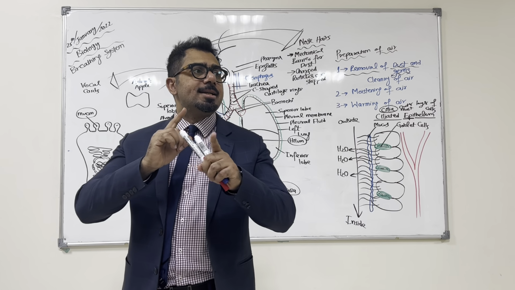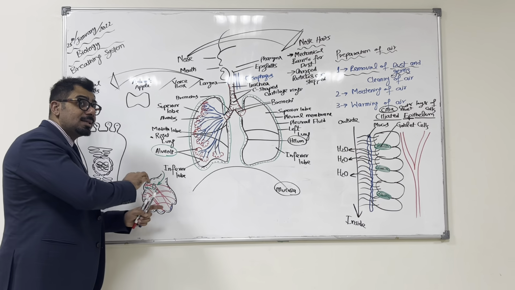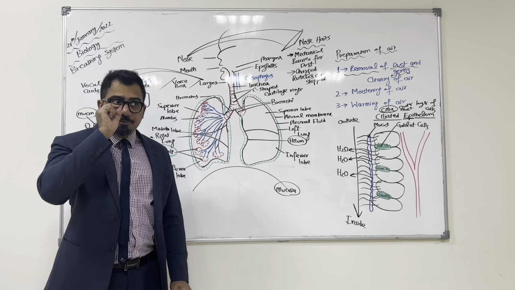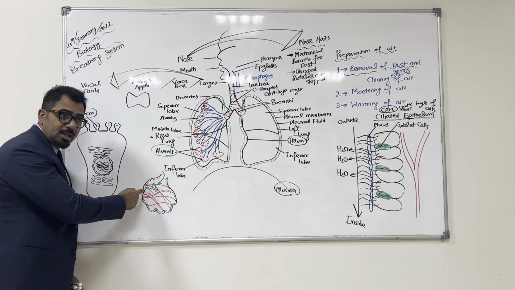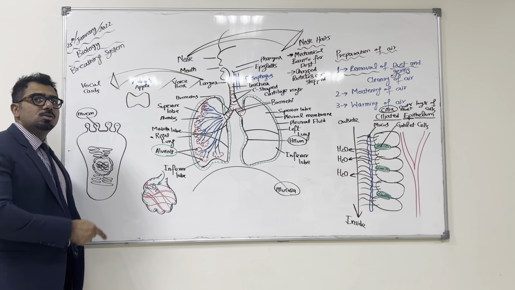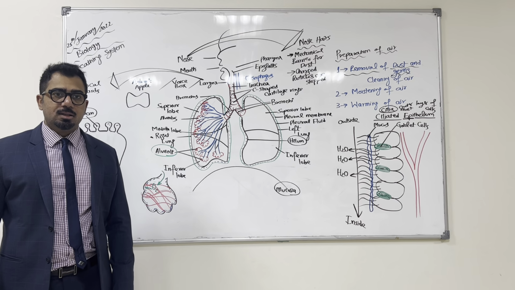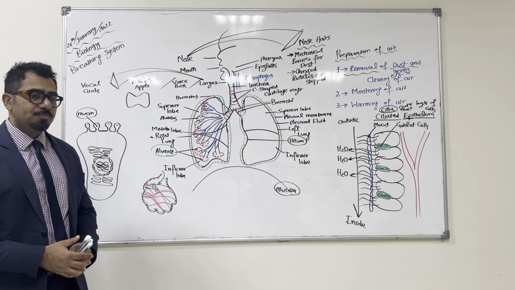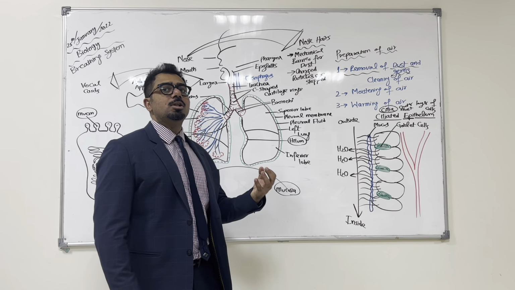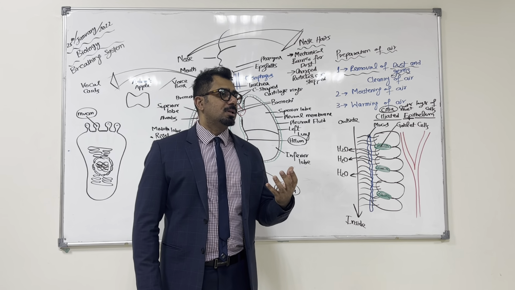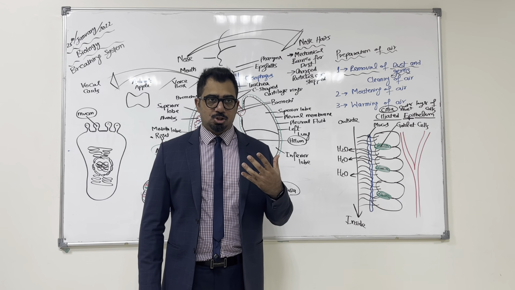Oxygen does not enter into the blood directly. First it concentrates onto the layer of water molecules, then from the layer of water molecules it goes into the blood, right? So just imagine, if this layer of water is not maintained because of low humidity, then what will happen? There will be a problem in gaseous exchange.